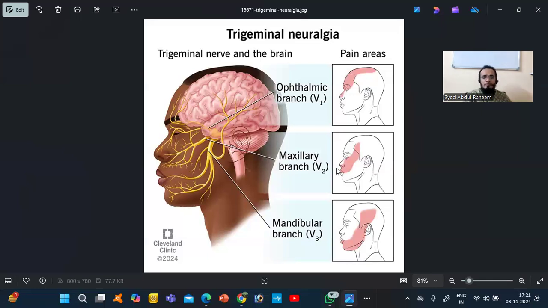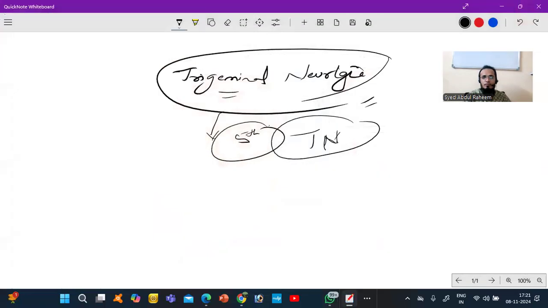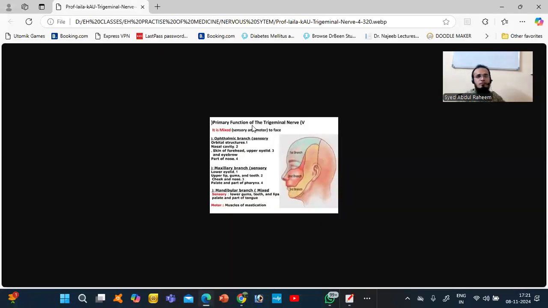So what are the functions of the trigeminal nerve, the fifth cranial nerve? Basically it is a mixed nerve. What is a mixed nerve? We already studied that it is a nerve which has both sensation.